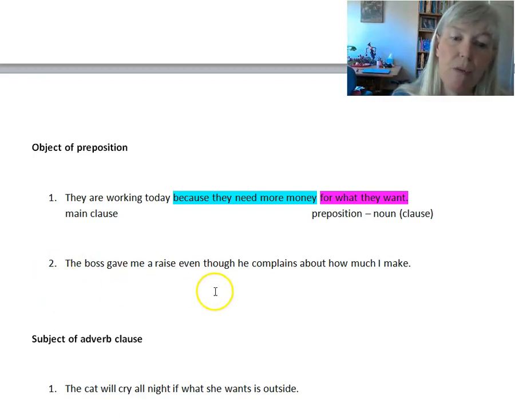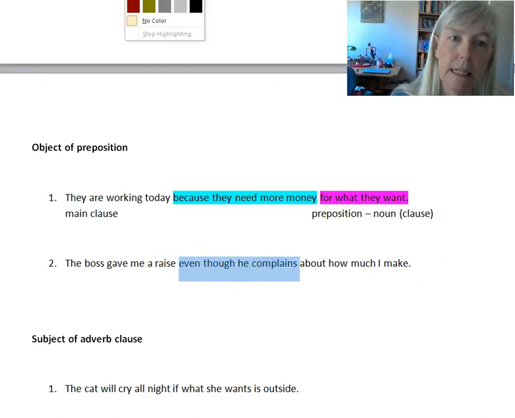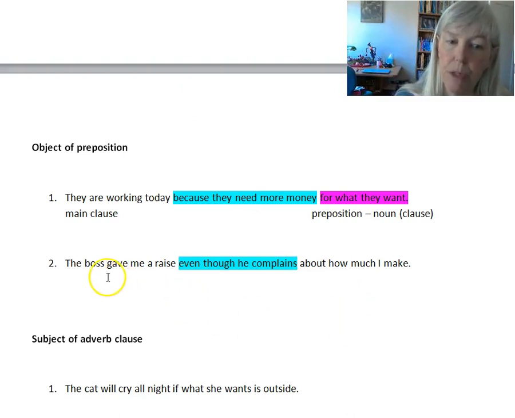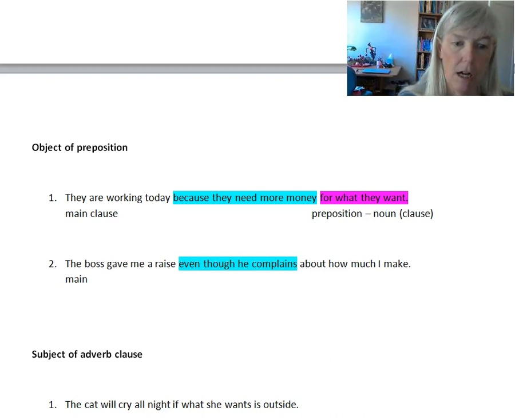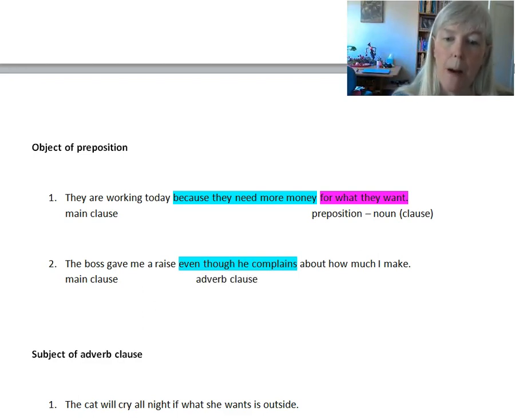The boss gave me a raise even though he complains about how much I make. So even though he complains is the adverb clause. The boss gave me a raise is the main clause, the independent clause. And about what? About my work? Noun.